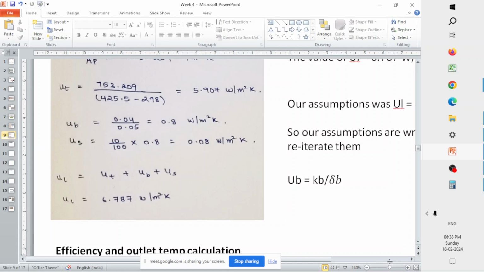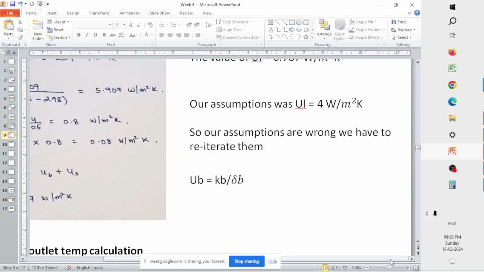So we have to reiterate. You take another value of UL, another value of TC1 and TC2, and do all the calculations once again, and then check whether the UL value that you get at the end and the UL value that you assumed at the beginning are the same or not.